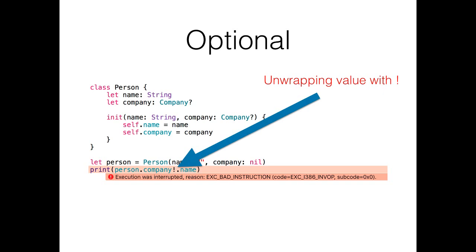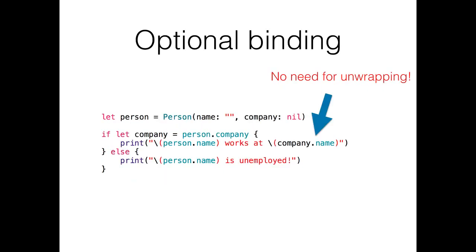So what did Swift bring? They brought something called optional binding. And optional binding is really my go-to every day. I set the same example, company is nil, but here I'm saying to the compiler, if company is not nil, set it to this new variable that has the same name, company. And this variable, if company exists, will be set and will not be optional. It will be a variable that has a value.